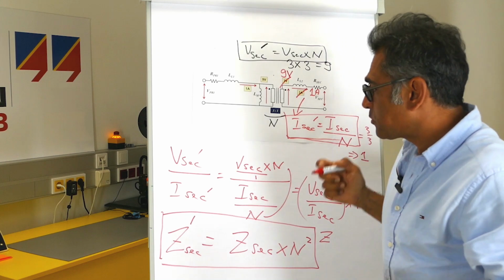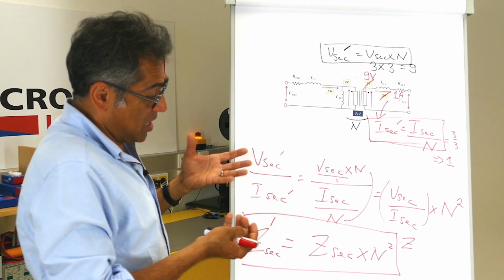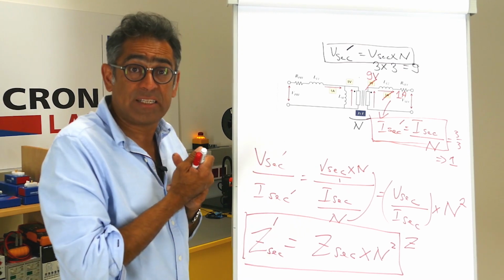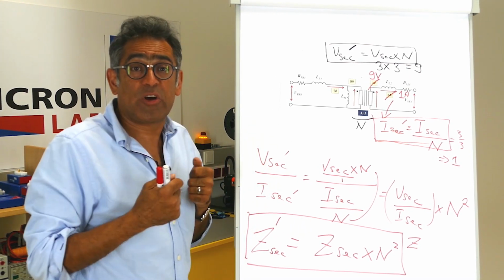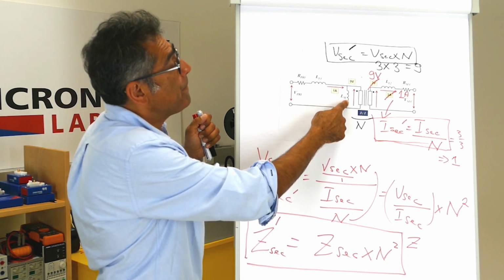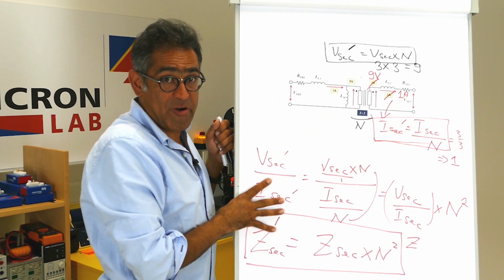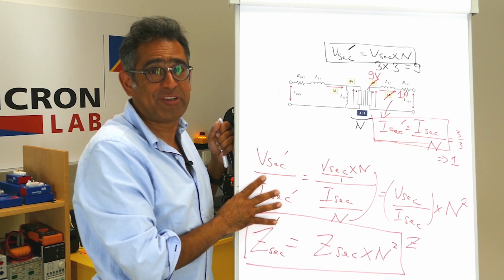Okay. Now that we have referred these parameters to the primary side, we can now use a Bode 100 and make some measurements in order to identify in particular LM and the leakage, because these are the stuff that we need for our power supplies, and we're going to do that in a different video.